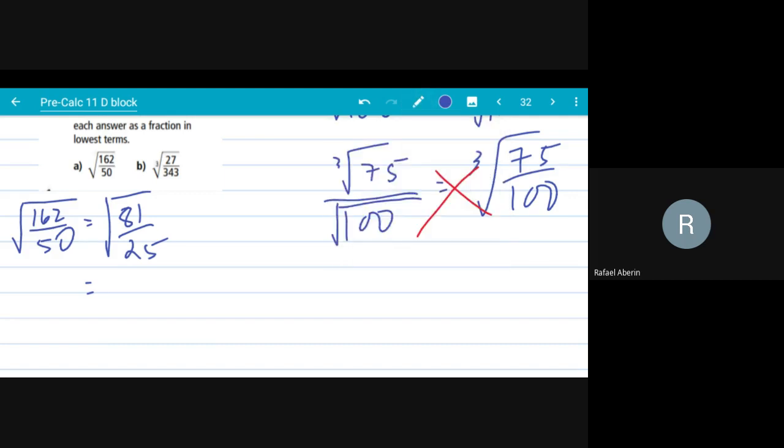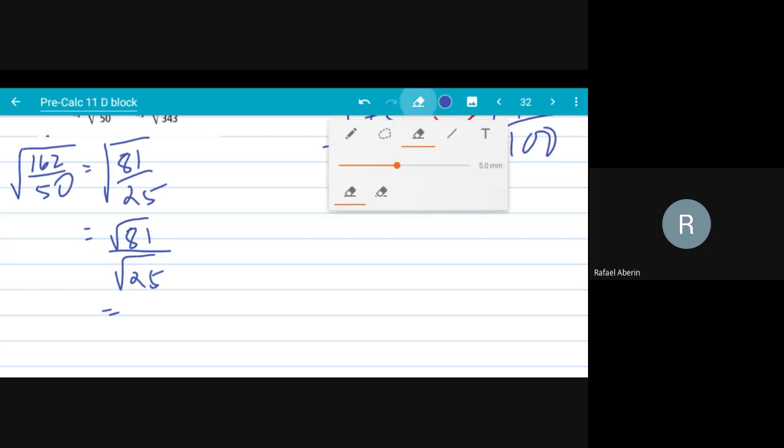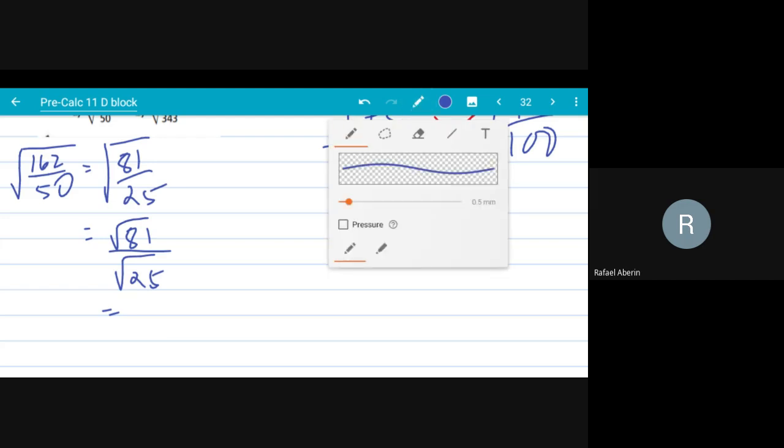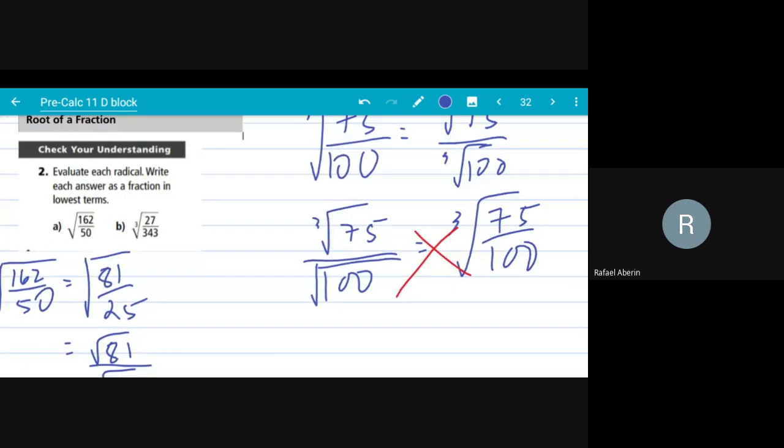So you can turn it into the square root of 81 over the square root of 25, which gives you 9 over 5. There's your answer, okay?